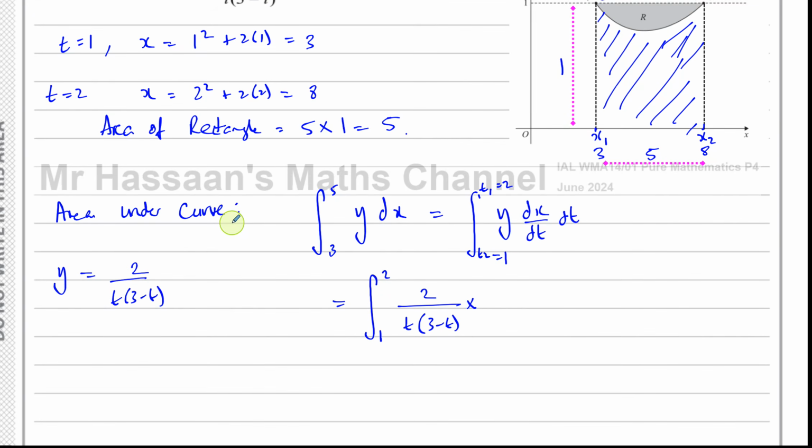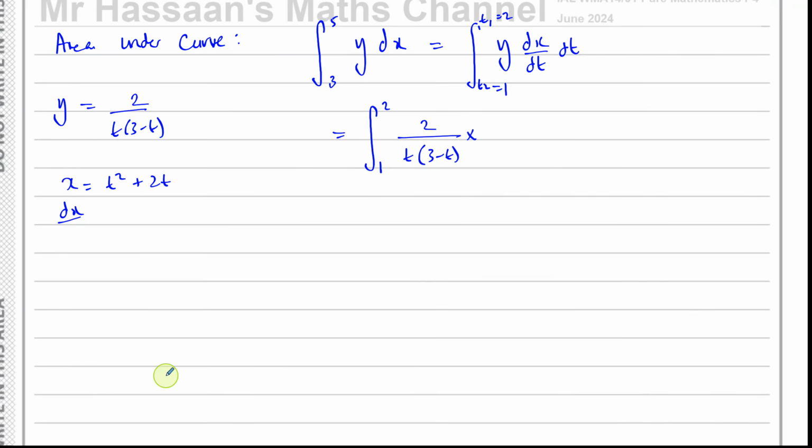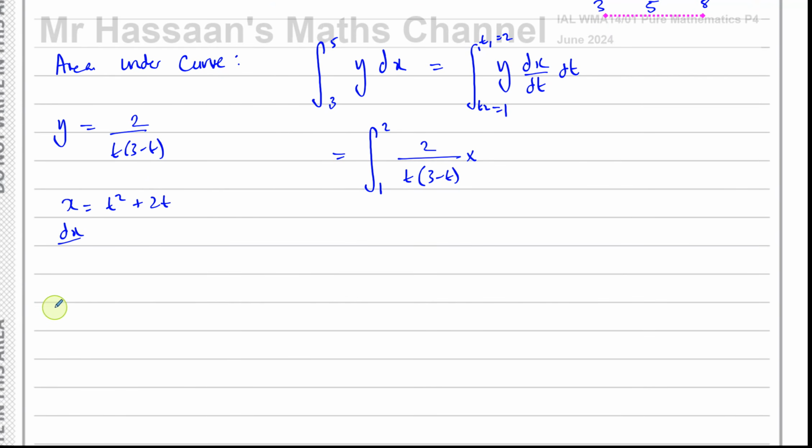So x is equal to t squared plus 2t, t squared plus 2 times t. So dx/dt, okay, is going to be 2t plus 2. Right, so you're going to have this times dx/dt, which is this.